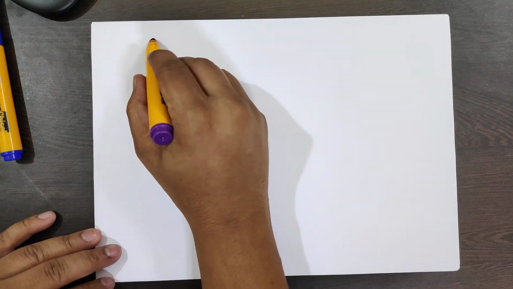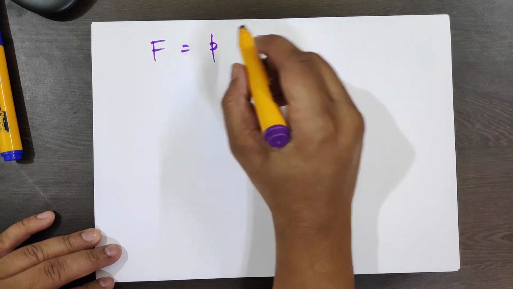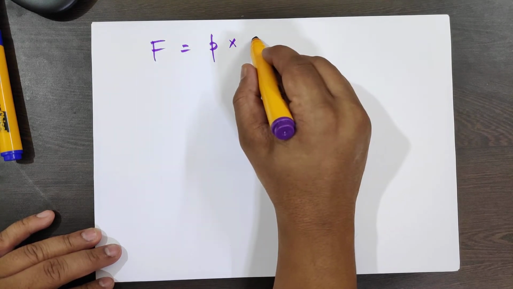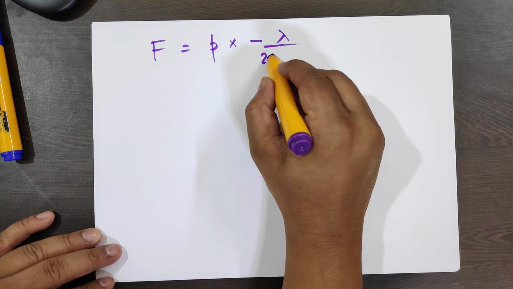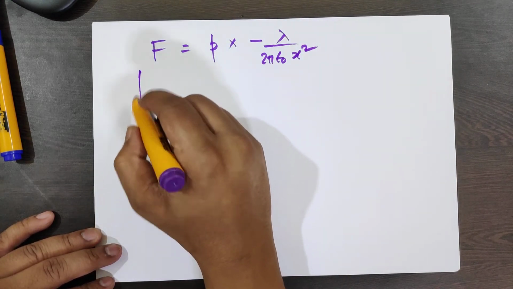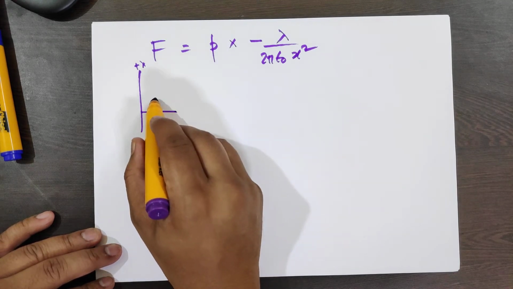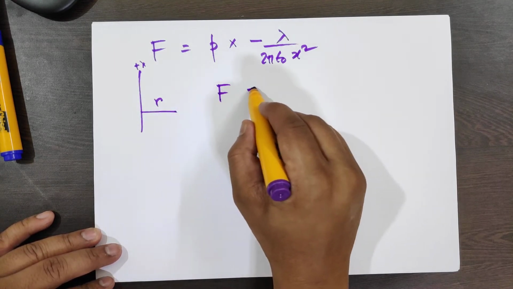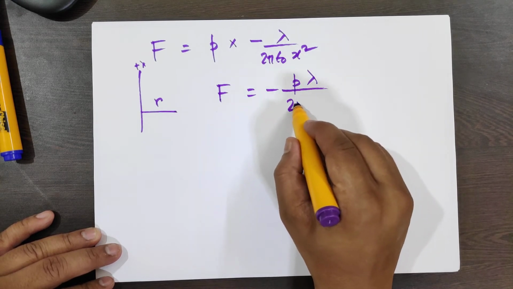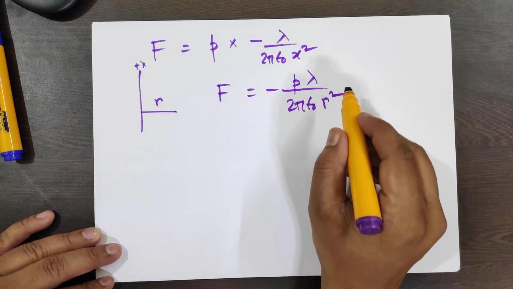So in this case the force is P into minus lambda by 2 pi epsilon naught x square. Now as this x is given as r, we have to take this distance as r, so F is equal to minus P lambda by 2 pi epsilon naught r square.